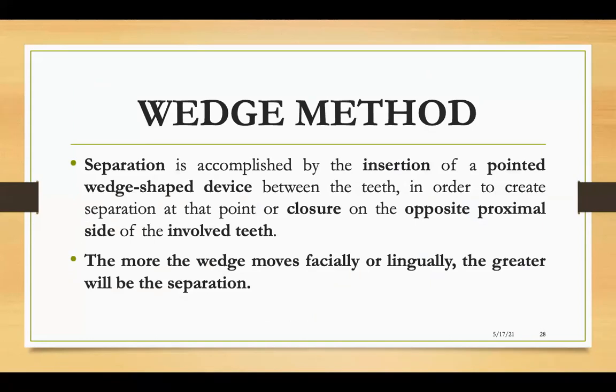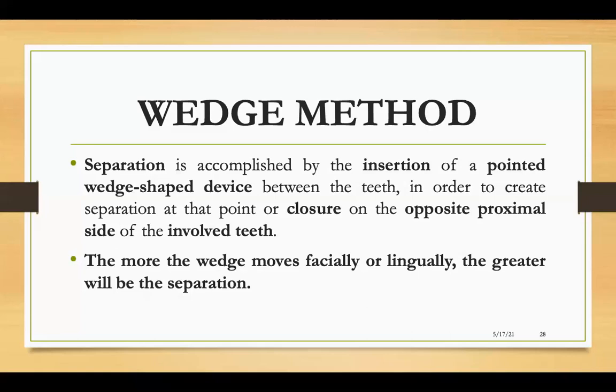Separation is accomplished by the insertion of a pointed wedge-shaped device between the teeth in order to create separation at that point, or closure on the opposite proximal side of the involved teeth. The more the wedge moves spatially or lingually, the greater will be the separation.